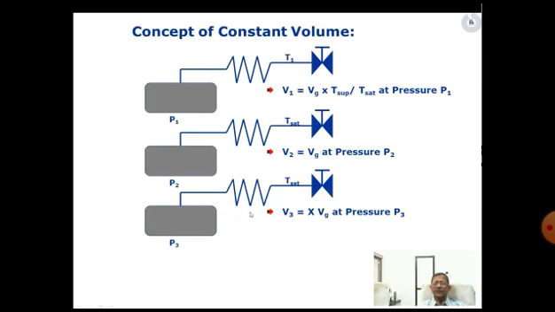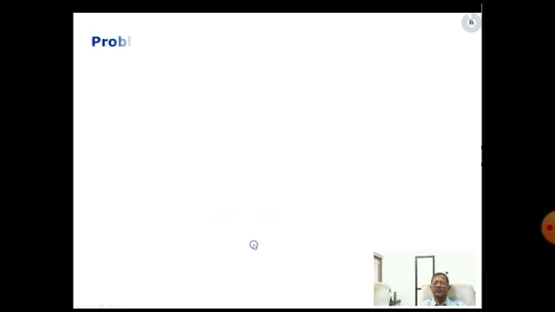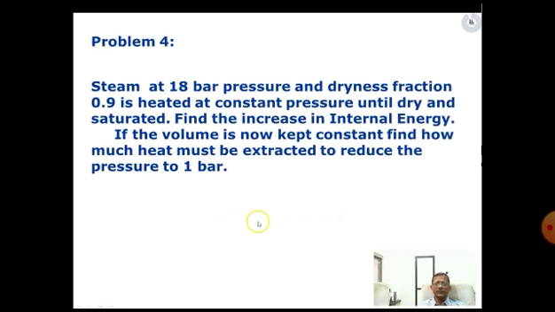And since the specific volume is constant, we can easily say V1 will be equal to V2 will be equal to V3, right?